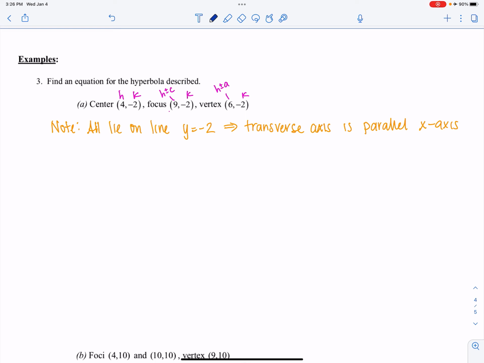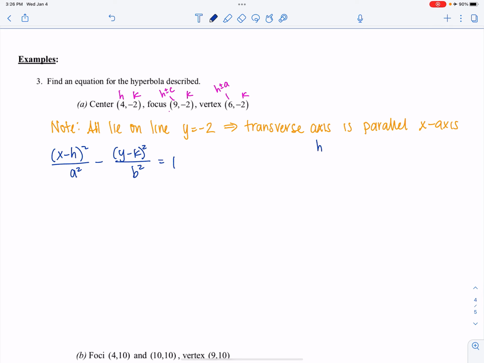Now, since we know that the transverse axis is parallel to the x-axis, our general equation is x minus h squared over a squared minus y minus k squared over b squared equals 1.